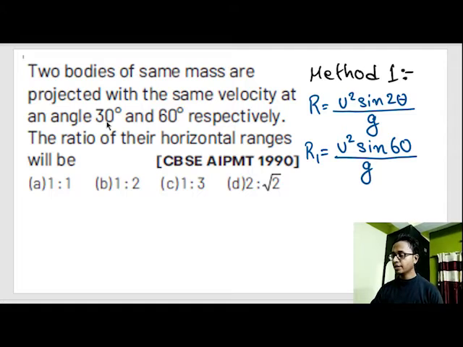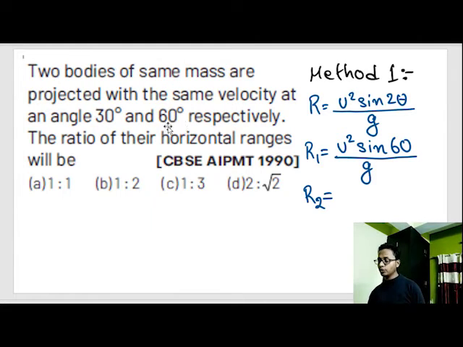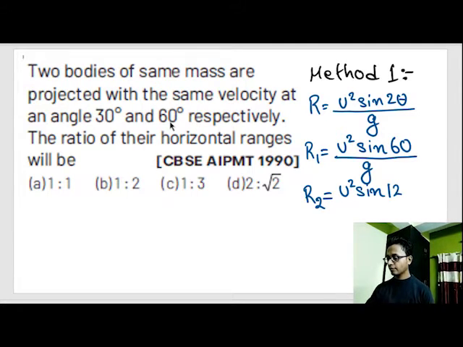Similarly, the range of the second projectile, thrown at 60 degree angle with the same velocity u. See, the velocity is not changing. So the range R2 is u square sine 2 into 60, or 2 into 60 is 120, by g.